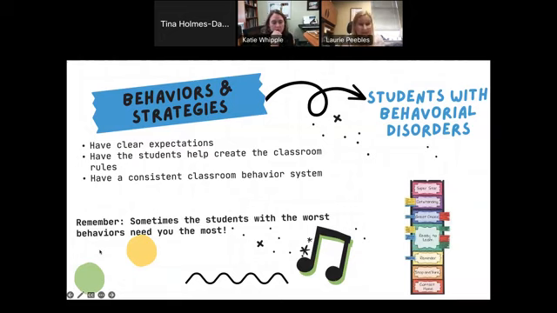And they do want structure. They do want to be told when they're doing wrong, but if you can show them that you genuinely care about them and how they're doing, and if you can check in with them before and after class, they're going to love you, they're going to know that you care about them, and they're going to be more willing to listen and work with you. So your toughest behaviors, know that they need you the most.